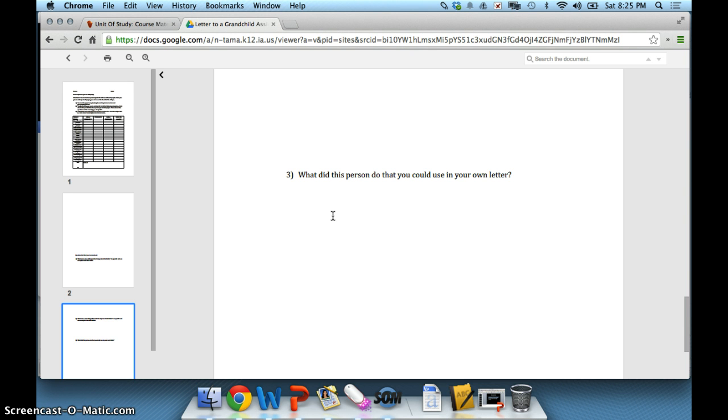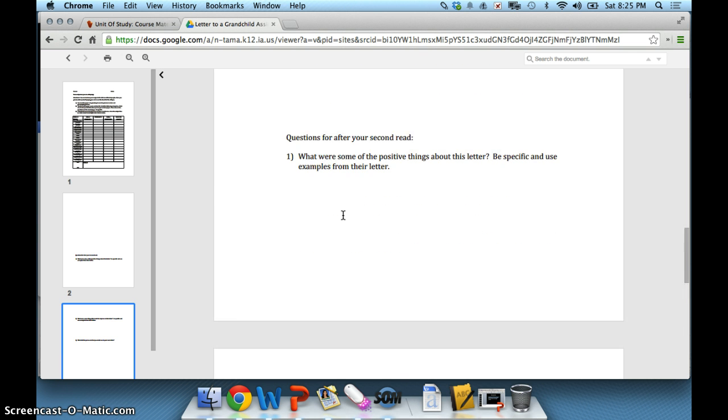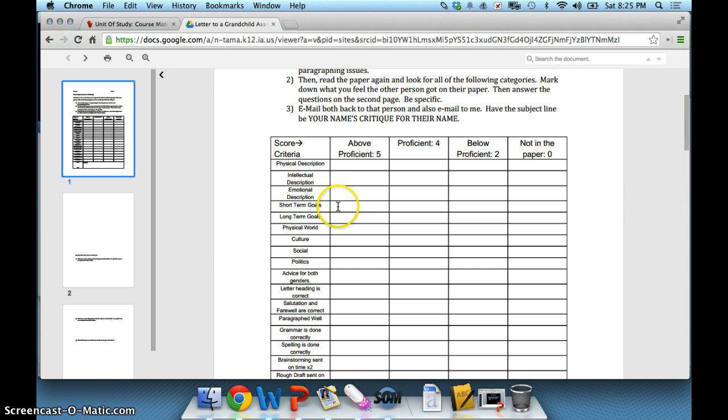Make sure you are doing that correctly, and maybe they write something in theirs that you could use in yours. Imitation is the sincerest form of flattery. So don't steal it word for word, but think, oh yeah, I could talk about that, and then have your own opinion as you write that part. Those are the three questions after you do the rubric.